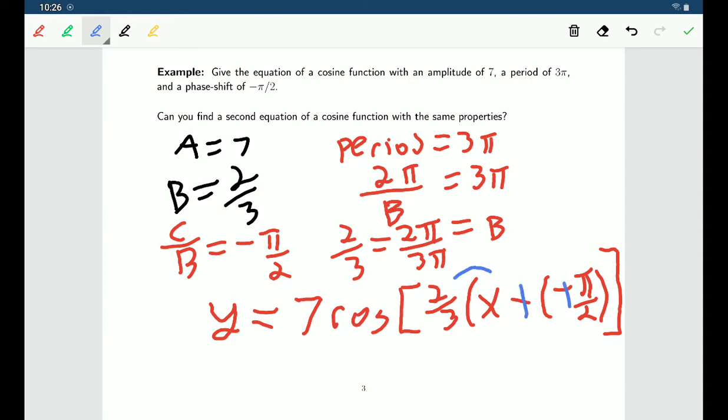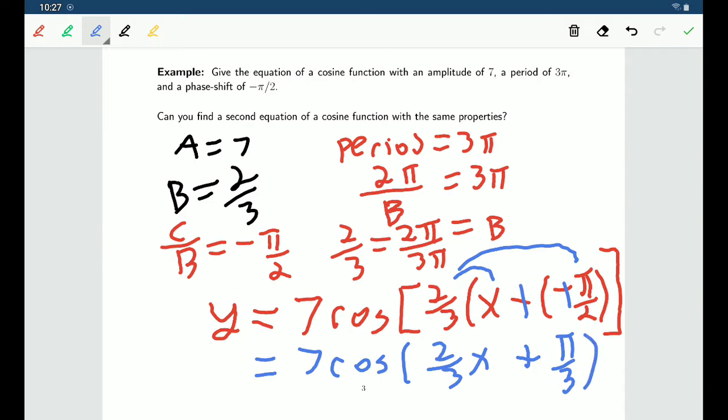And I'm also going to multiply that 2/3 into the bracket. So when I do that, y is 7 cosine of 2/3 times x, and 2/3 times pi over 2 would be pi over 3.